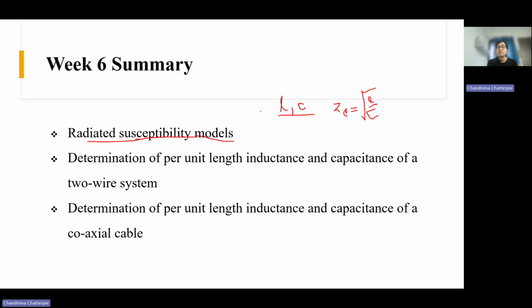For radiated susceptibility also, we will see how to determine these L and C values for a two-wire system and also for a coaxial cable. And obviously there will be some numerical problems that we will solve.